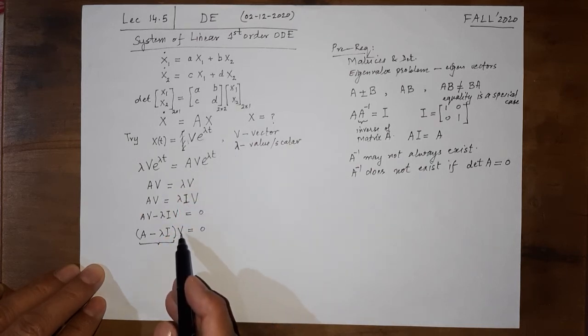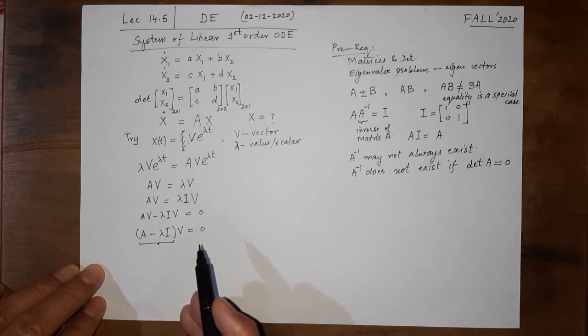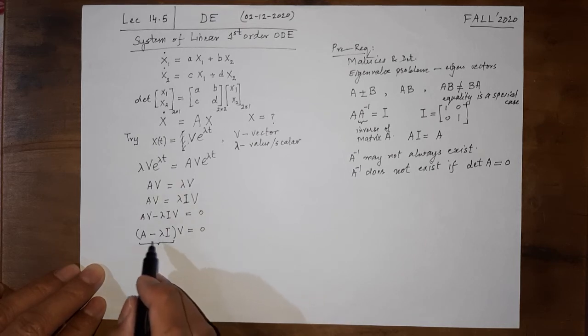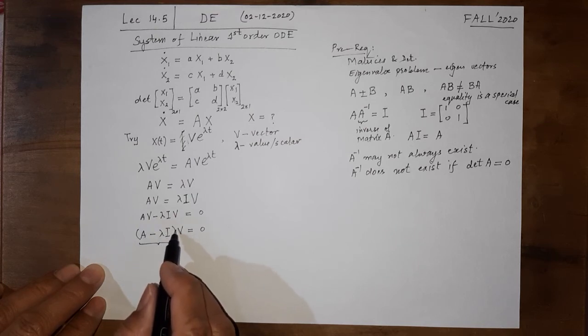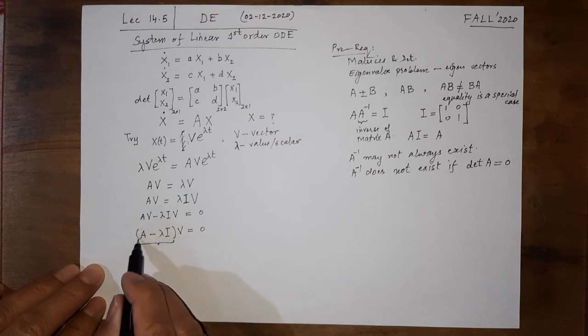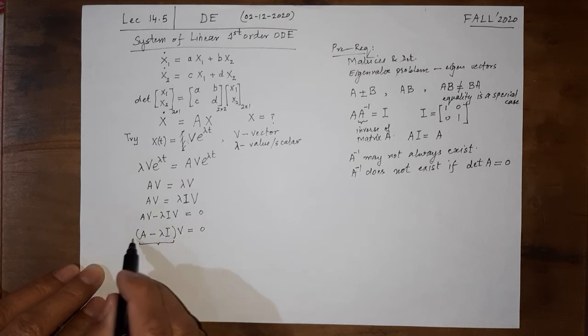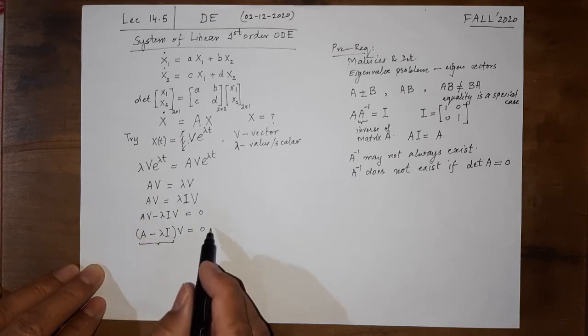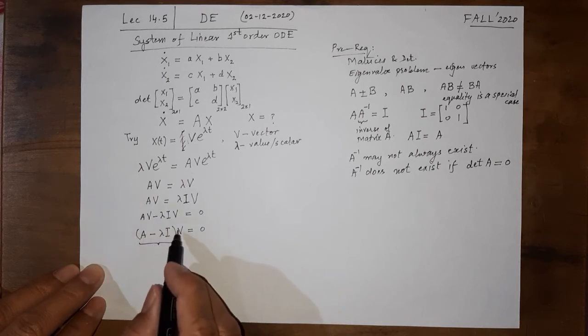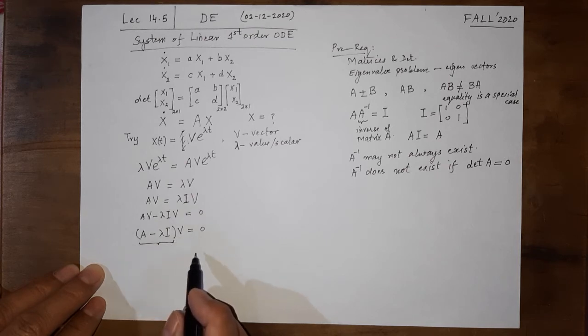So V equal to 0 is not what we are after. We want this matrix to be such that its inverse does not exist, so there is no inverse that can be multiplied here and here, which would make V equal to 0.